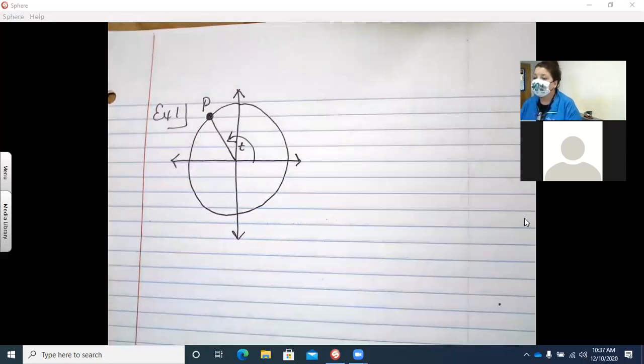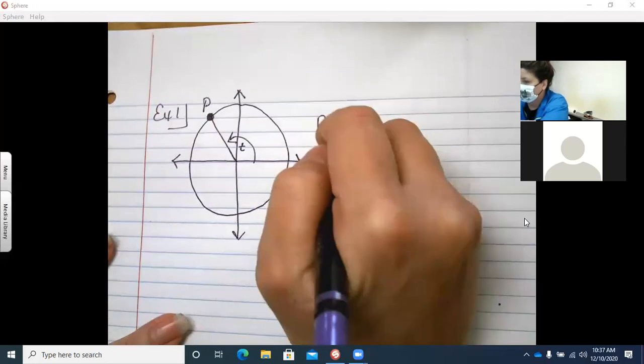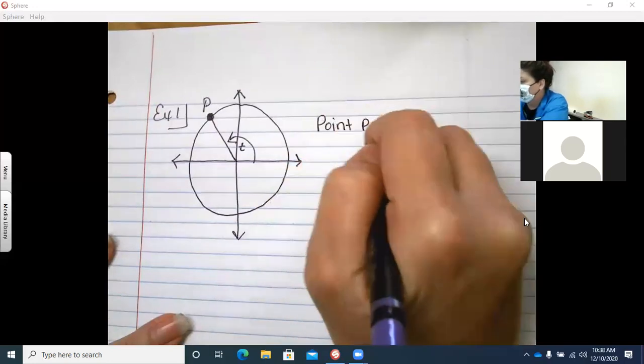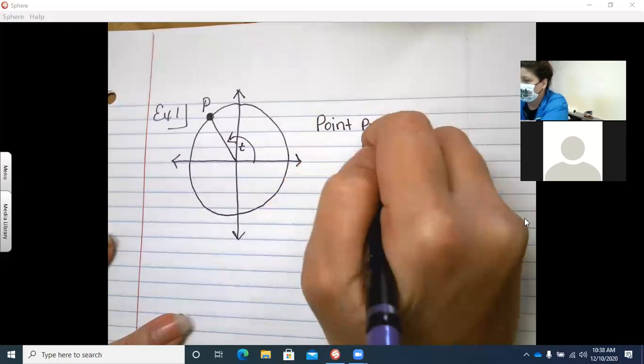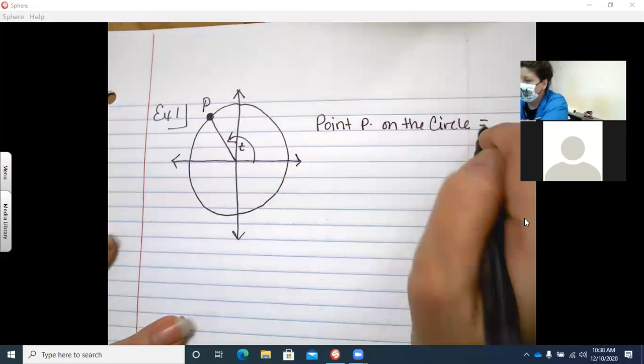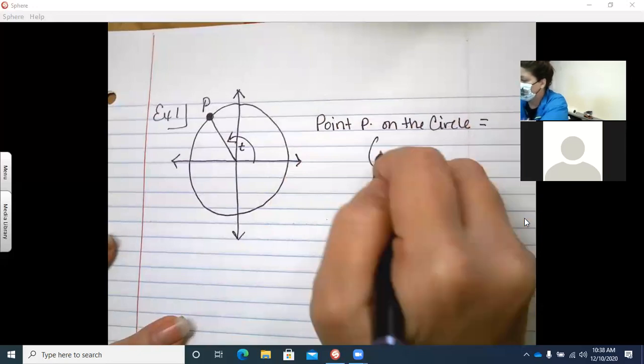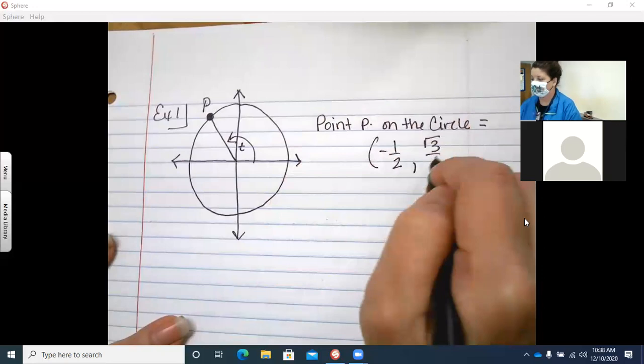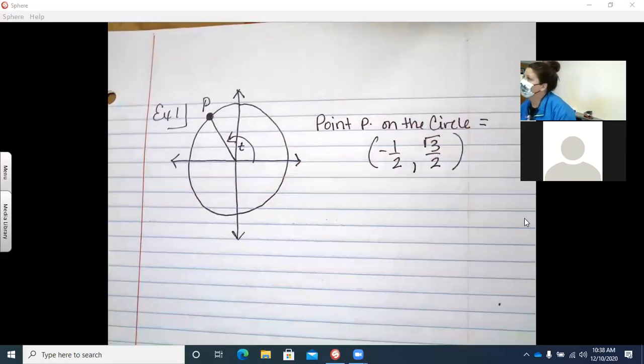But I'm going to tell you that point P on the circle equals negative 1/2, square root of 3 over 2. Could we figure out what the measure of angle T is if I know that ordered pair on a unit circle? I could, right? But since they already gave us that information, we don't really care what the angle measure is.